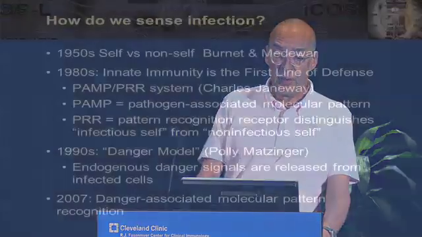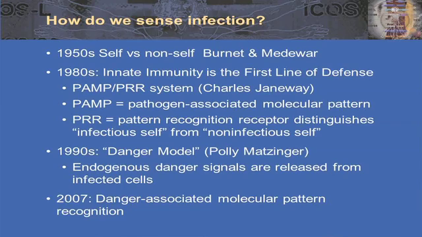It protects us from danger, and that danger can be exogenous, like a pneumococcus, or it can be endogenous, like a urate crystal. And this theory was posed most recently by Polly Matzinger, who still has a laboratory at the NIH, and we will come back to define this.